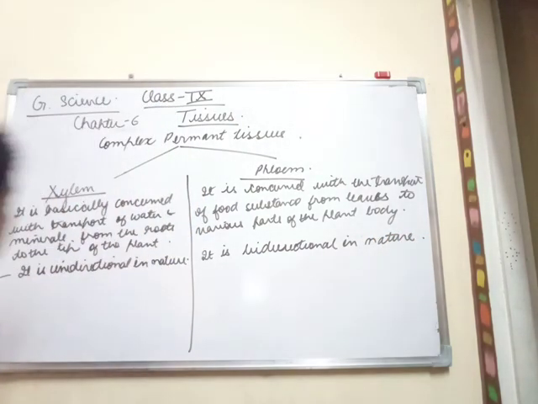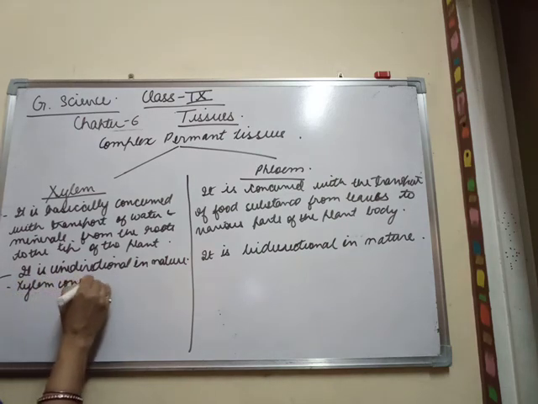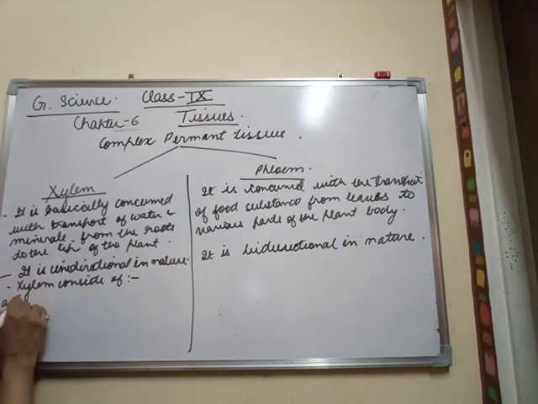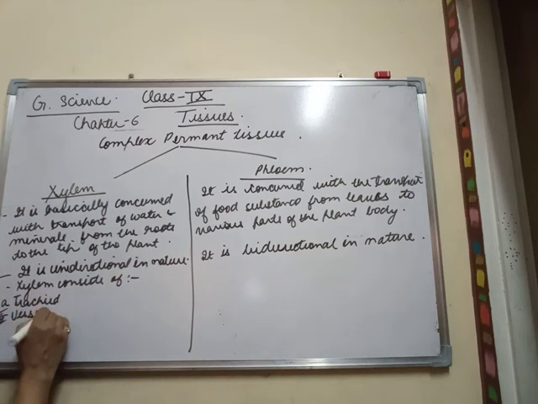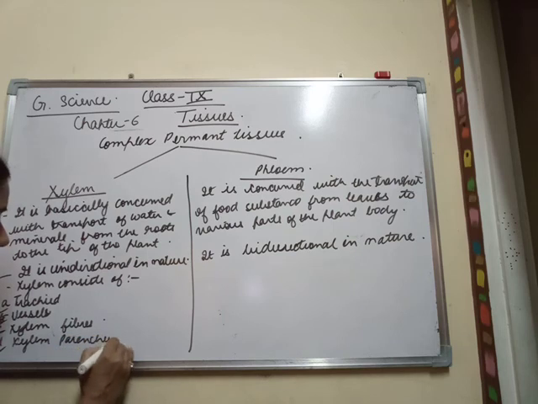Clear? Now when we are going to talk about the composition of the xylem, xylem consists of, number one, tracheids, vessels, xylem fibers, and xylem parenchyma.